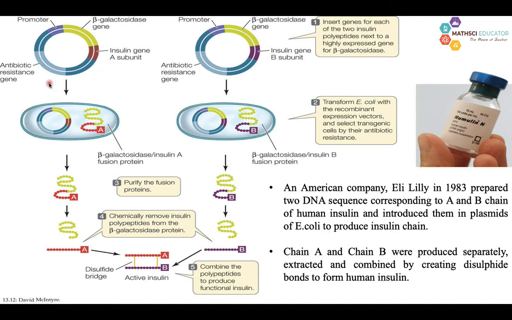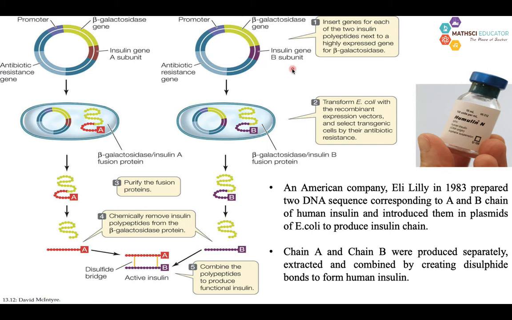As you see in this figure, this is the first plasmid in which the insulin gene that produces the A subunit is incorporated, or recombined. Okay, तो इस प्लाज्मिड में उन्होंने recombinant किया है insulin gene that produces the A subunit. Now in this plasmid they recombined the insulin gene that produces the B subunit.